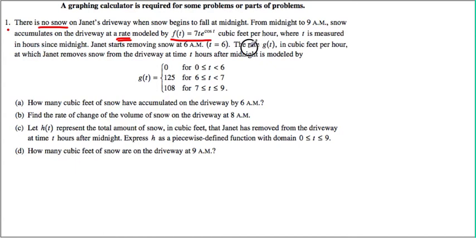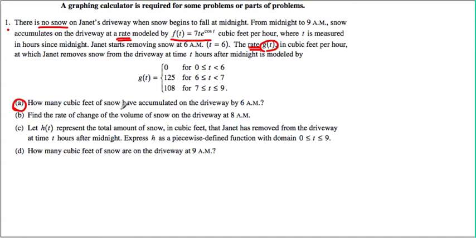Now, the rate, once again, g of t is how much Janet removes the snow from the driveway, and given in this way. All right, so then I think we are ready to tackle this question number 8.